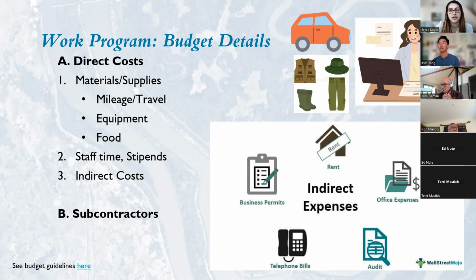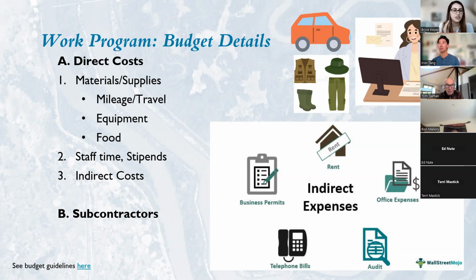And if you do have equipment that will outlive the life of the grant, please check with your project manager to confirm that it is okay to purchase the equipment. We do have some guidelines of items that we cannot reimburse, such as expensive computers. We wouldn't be able to purchase those for your grant. But we have budget guidelines linked in the bottom left of this slide.